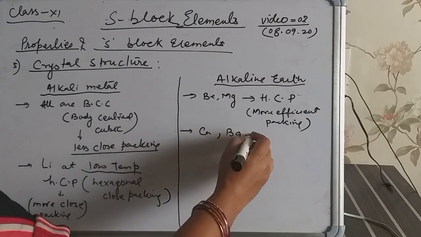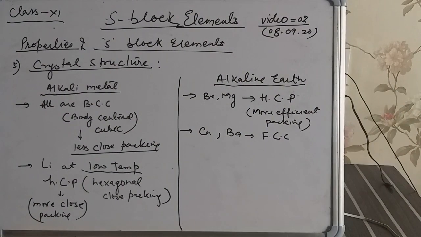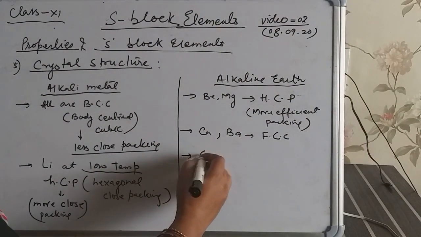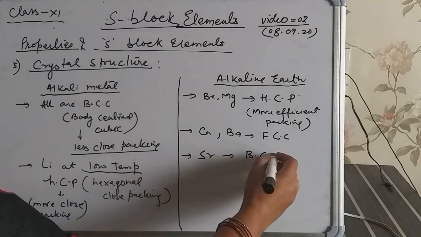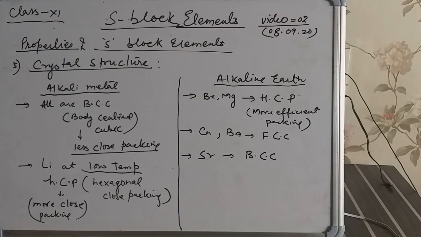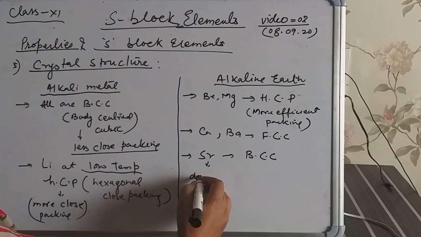Calcium and barium have face centered cubic close packing. Strontium is BCC, due to its large size, less efficient packing.